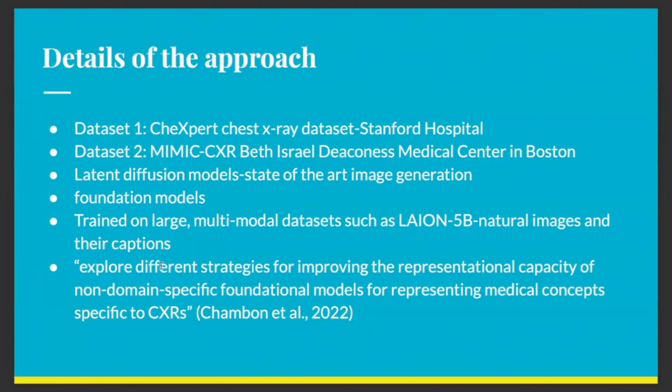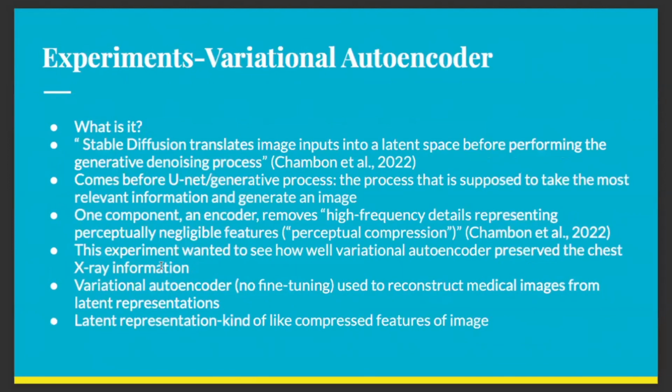I'll just move on to the experiment. The variational autoencoder. Essentially, what it does, in brief, is it takes an image and it isolates compressed features from that image, and then from those compressed features, it can generate a new reconstructed image.